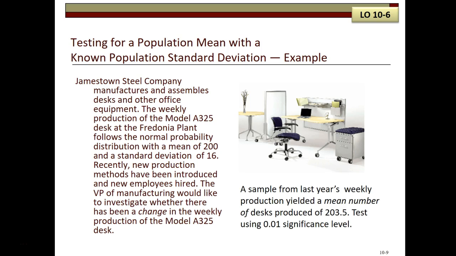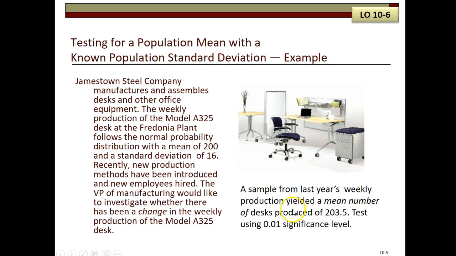Maybe these production changes weren't very good and they're producing less than 200. He doesn't know that it's going to be more. So he just says, I want to see if there is a change from that 200 number. He didn't say greater than, he doesn't say less than. That tells us it's a two-tail test.